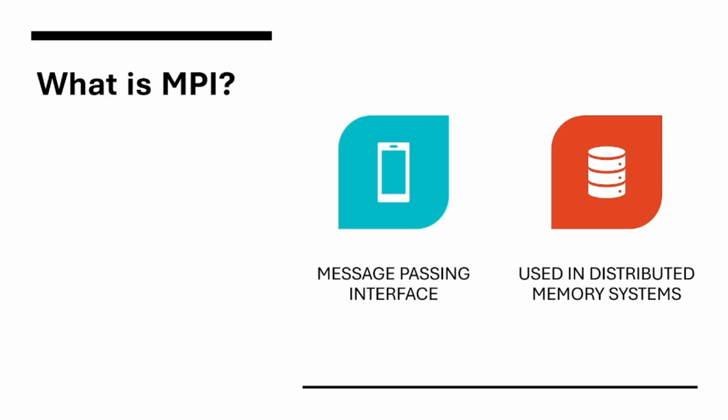For example, in a cluster computing setup, one process can send computed results to another process using MPI functions like MPI_Send and MPI_Recv. So MPI is a powerful standard that enables efficient and scalable communication between processes, making it a cornerstone of modern parallel and distributed computing systems.